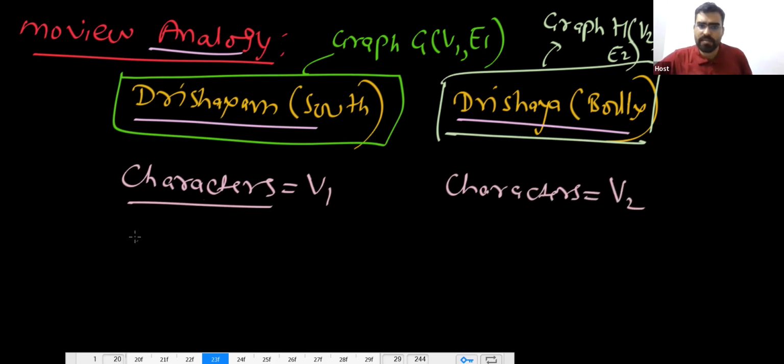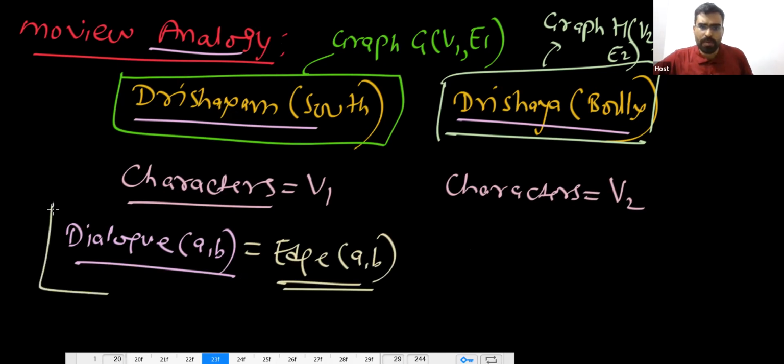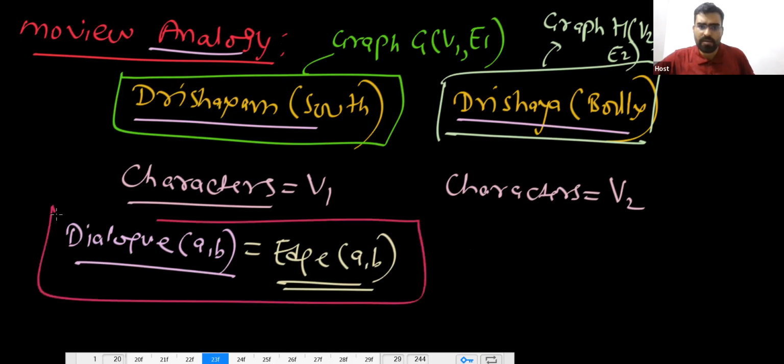And if you have some dialogue between A, comma B, that is basically an edge between A, comma B. Yes or no? So the dialogue between two people is basically the edge between two people. And if there is no dialogue between two people, then there is no edge between two people. So this is the movie analogy.